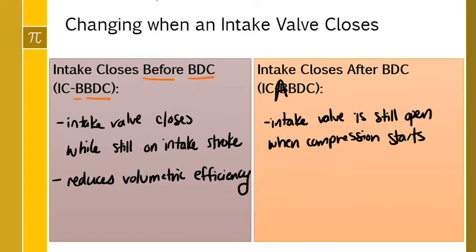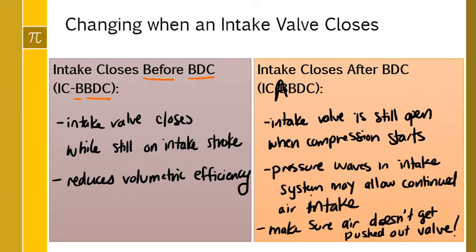If you're a clever engineer, you can take into account pressure waves in the intake air system that are going to allow air to continue to enter the cylinder, even though the piston is rising. And then you have to mess with the timing really carefully because you need to balance that pressure wave effect that's going to pull in extra air, even though the piston is rising, with the possibility of forcing the air back out the valve during compression, which is definitely not what you want.